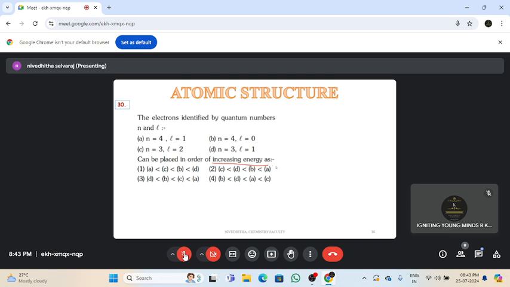That is a rule, right? What is the rule? N plus L rule. Calculate the value of n plus l for all the orbitals, and the orbital with the lower n plus l value will have lesser energy. If two orbitals have the same n plus l value, then check the principal quantum number. The electron with the lower principal quantum number will have lesser energy. That's it.